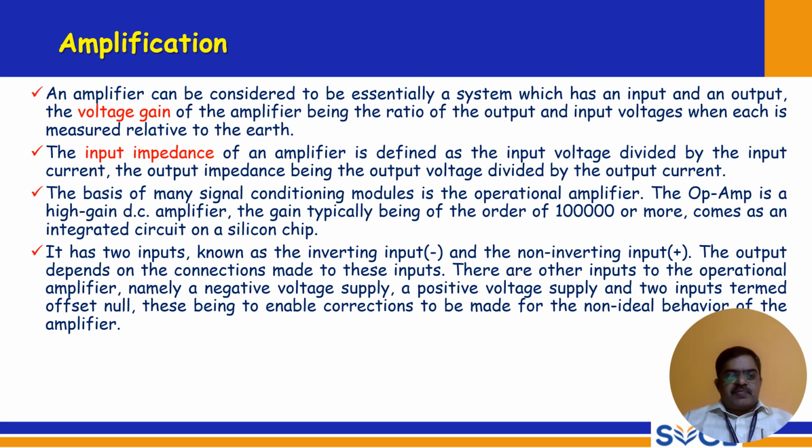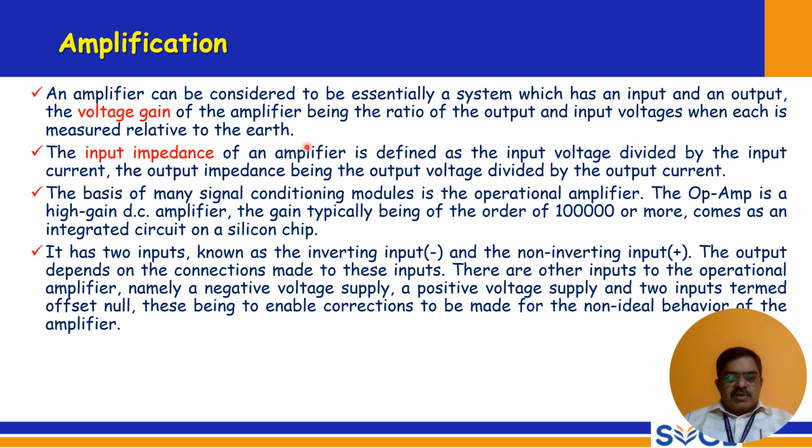Amplification. An amplifier can be considered essentially a system which has an input and an output. The voltage gain of the amplifier is the ratio of the output and input voltages when each is measured relative to the earth.